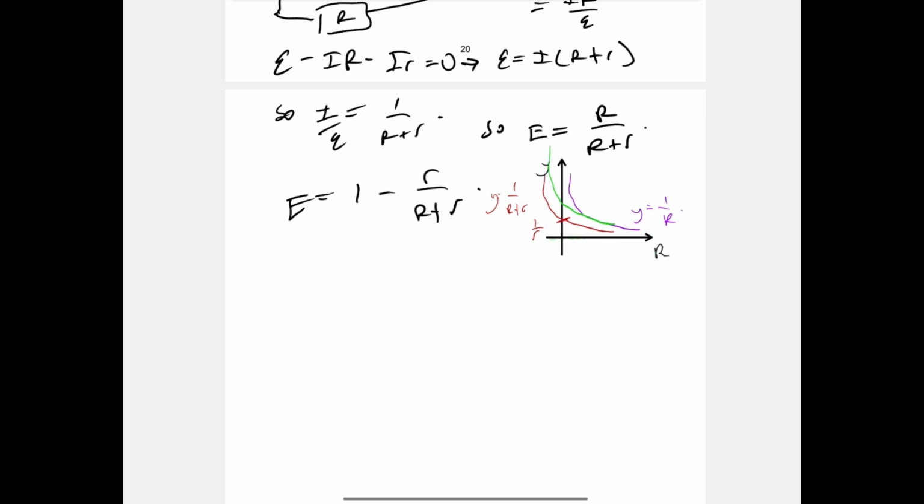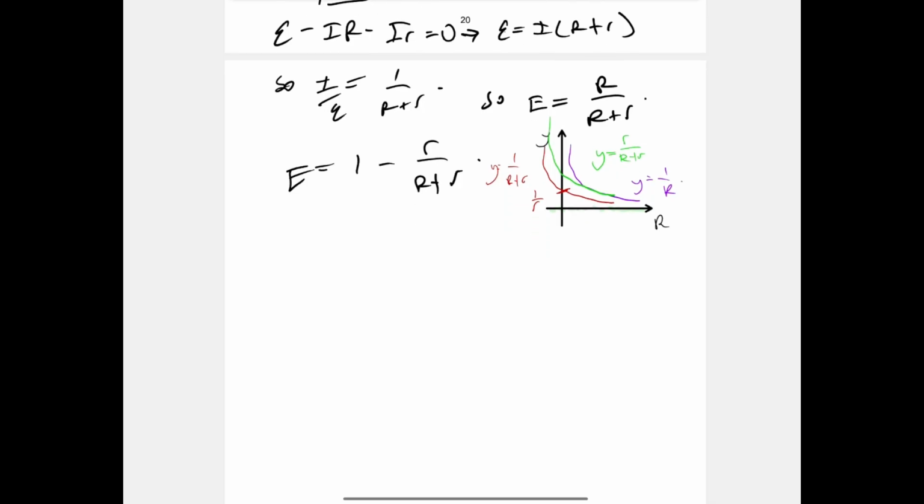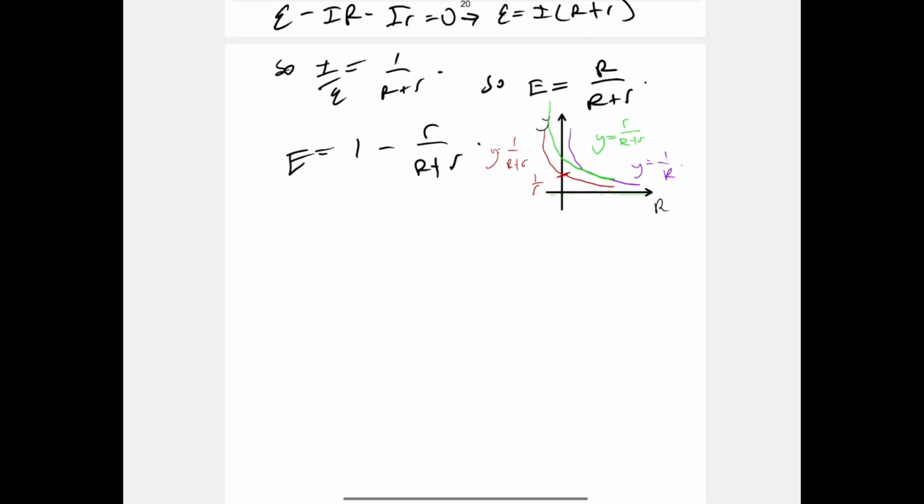This x-axis over here is still the asymptote, or r-axis even. So this is what y equals big R over big R plus small r is going to look like. And this is going to be 1. When big R is 0, y is 1.